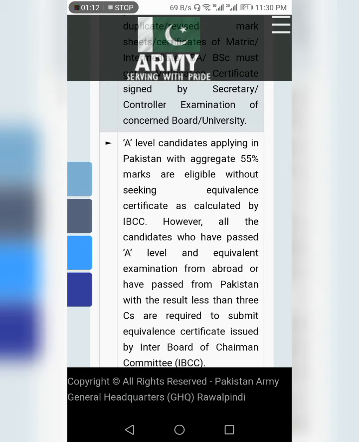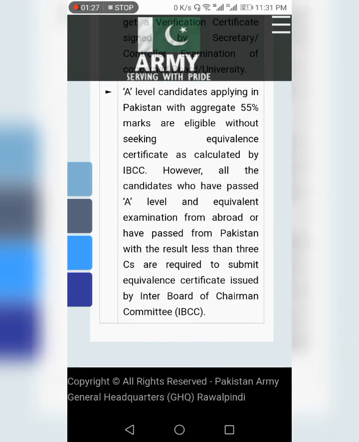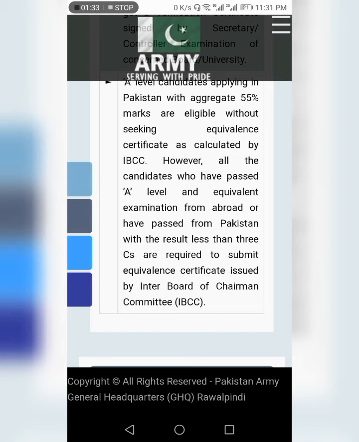A-level candidates applying in Pakistan with an aggregate of 55% marks are eligible without seeking an equivalence certificate as calculated by IBCC. All candidates who have passed A-level or an equivalent examination from abroad, or have passed in Pakistan with a result of less than 3 Cs, are required to submit an equivalence certificate issued by the Inter Board Committee of Chairmen.